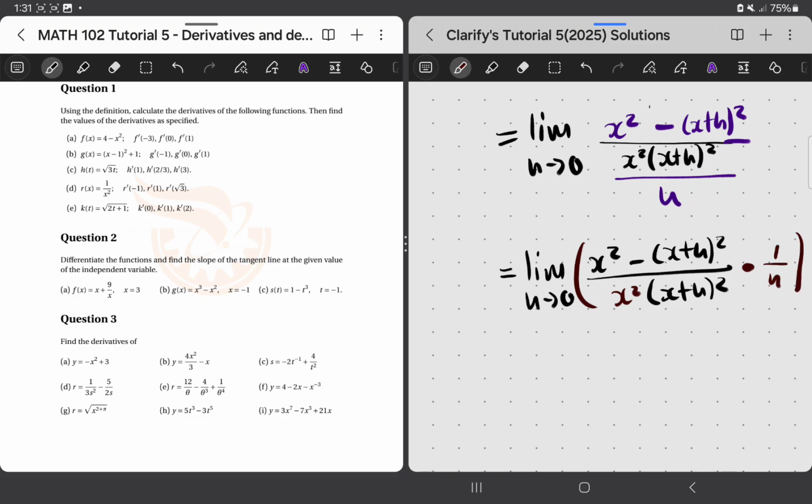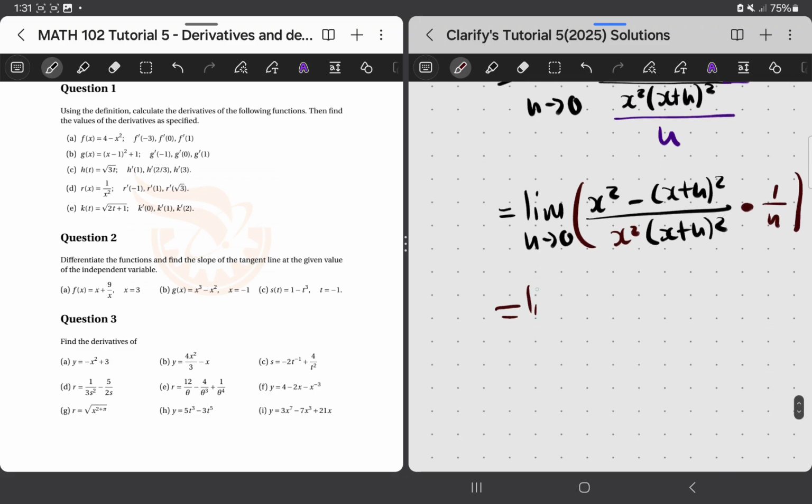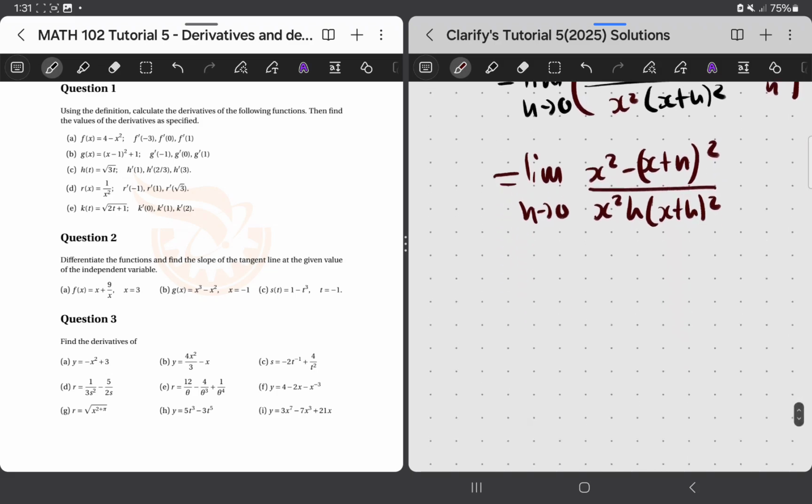It is 1 over h. So that's just what happens, and it becomes the limit as h goes to 0 of the top is going to be x squared minus x plus h all squared divided by, now it's x squared h, because this multiplies 1. When you multiply fractions, the top multiplies, the bottom multiplies. Becomes x squared h multiplying x plus h all squared. And we're getting the limit.